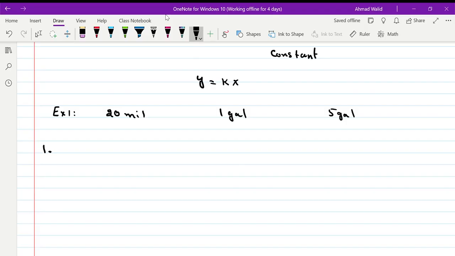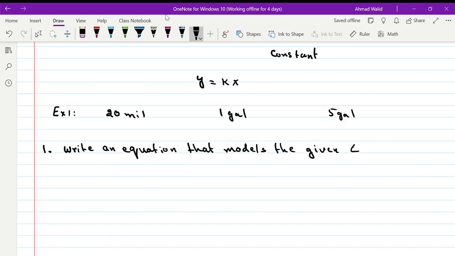Write an equation that models the given English statement, or word or sentence.